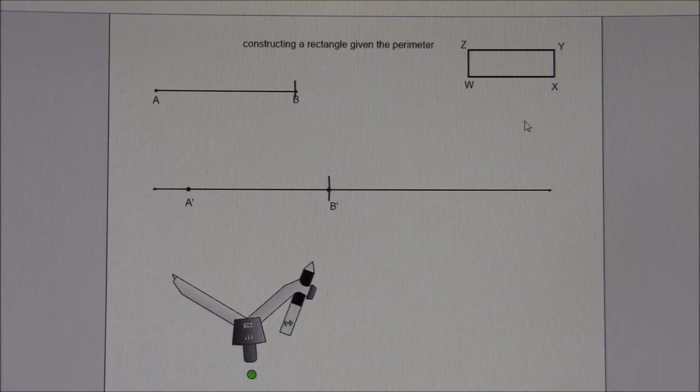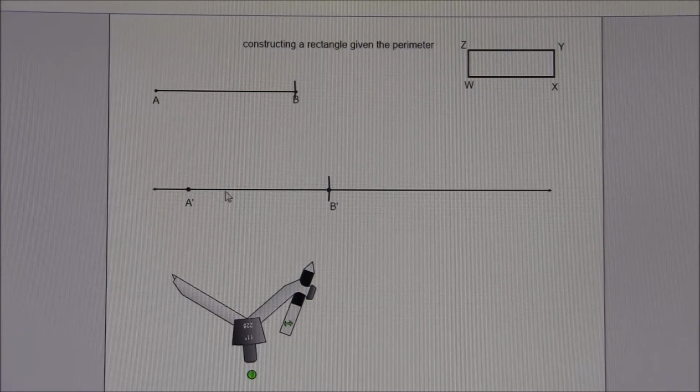Now in a square, because they were all the same distances, we just started bisecting so we can get the equal sides. Can't do that here. So first, let's figure out ZW and XY. Remember, this is the total. So I need some distance that represents this plus this.